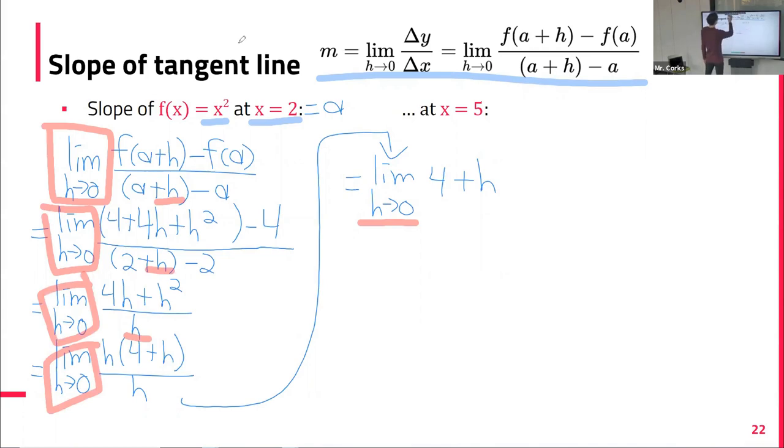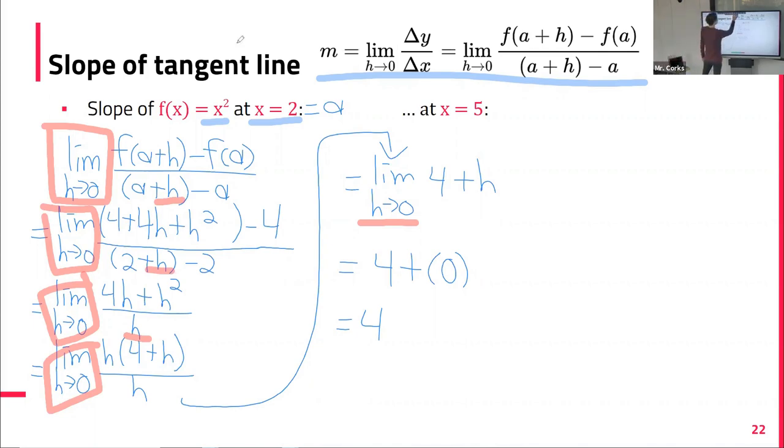So we evaluate the limits just by doing this. We set h to be equal to this thing. Just substitute in that value. So 4 plus, and then 0 for h, and then that's 4. So this is how we evaluate the limit. If there's no math problem stopping us from doing it, then we just do it and we get rid of the limit part.